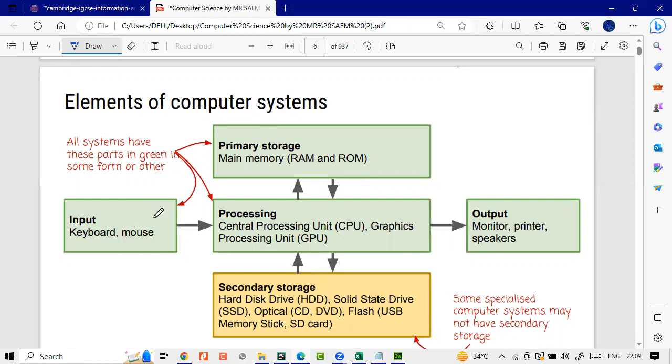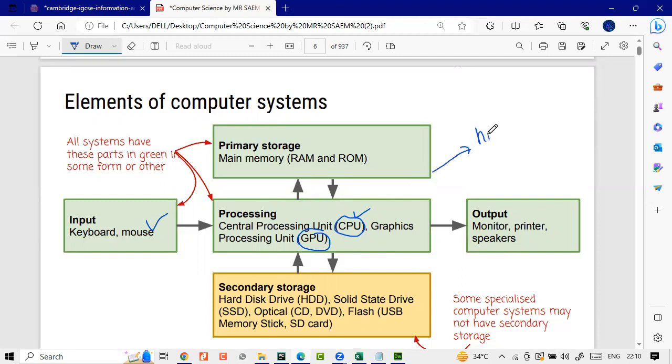Okay, right. So since middle school, you know the input consists of keyboard and mouse. Input is given to the processor, which is the CPU, central processing unit, that will process everything. Then you also have the GPU, the graphic processing unit. A GPU is there to work with high resolution.